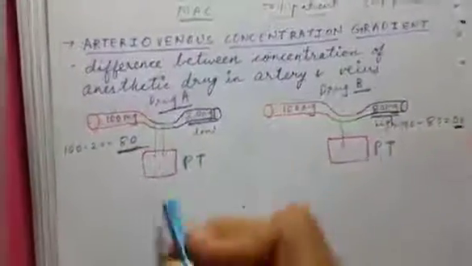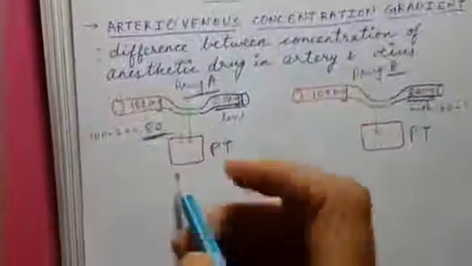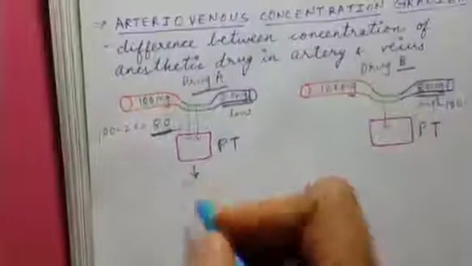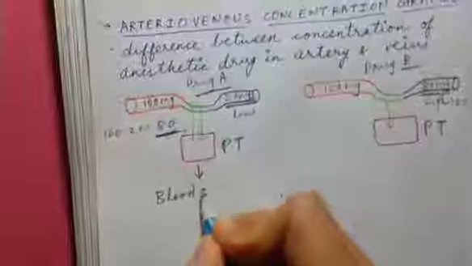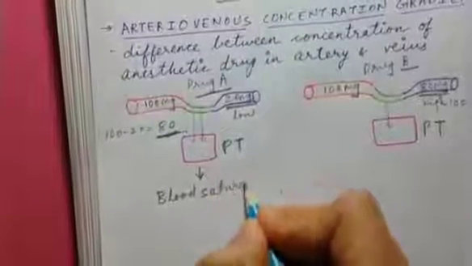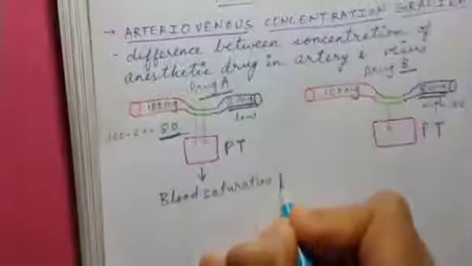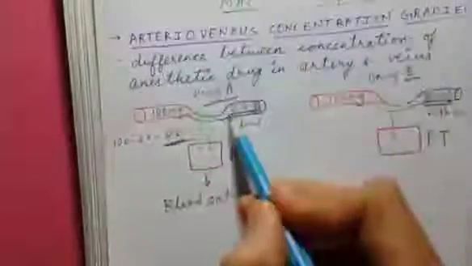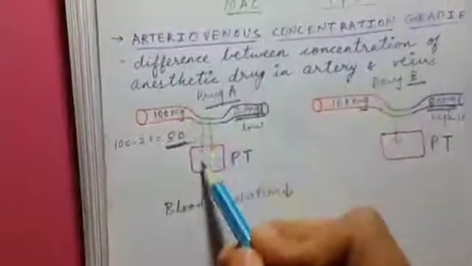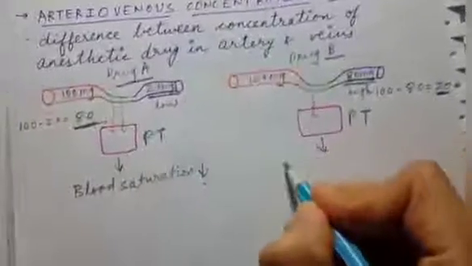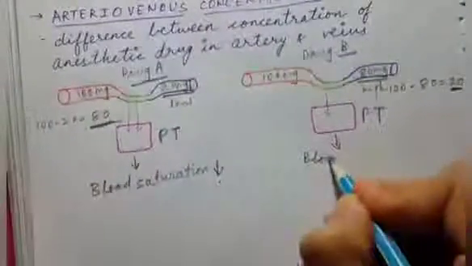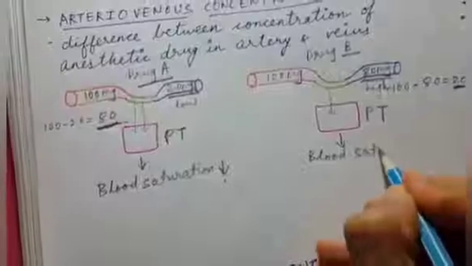It means in the first case the blood will not saturate quickly. The blood saturation will be less, because the drug is not remaining in the blood vessel, it is entering the peripheral tissue. In the second case, the blood saturation will occur very quickly.